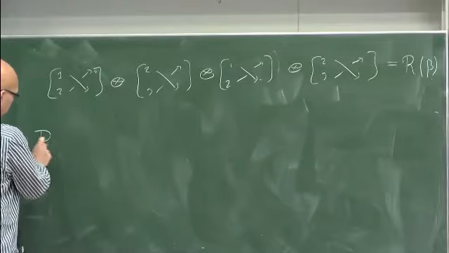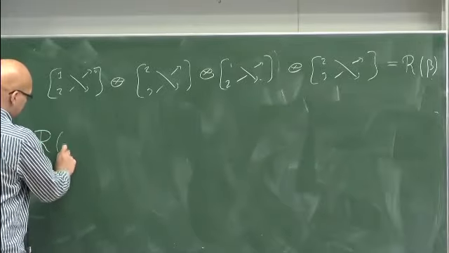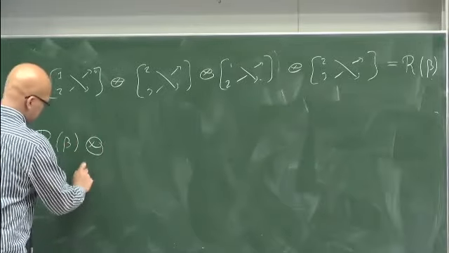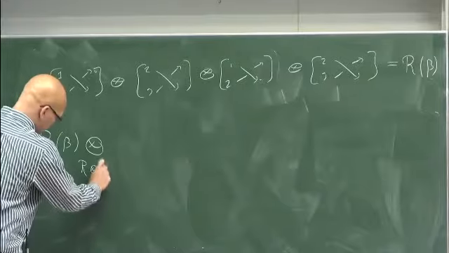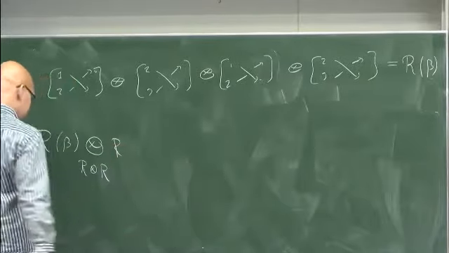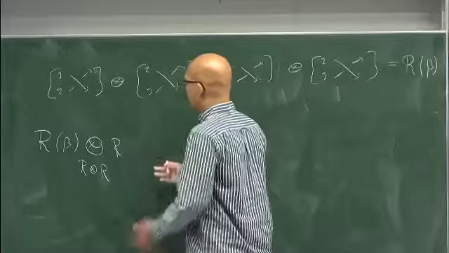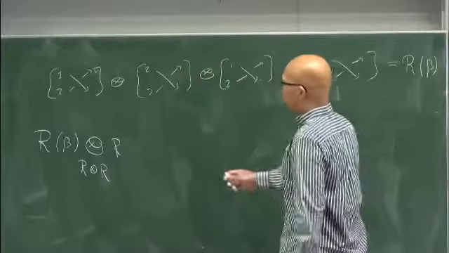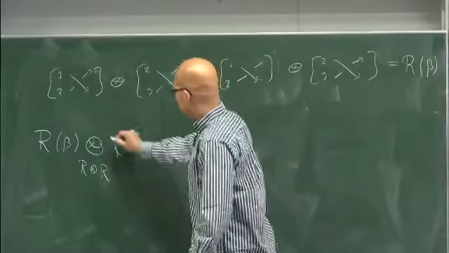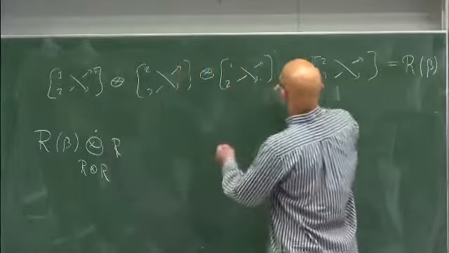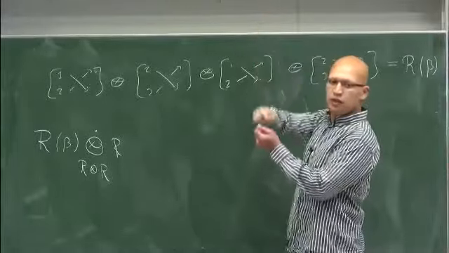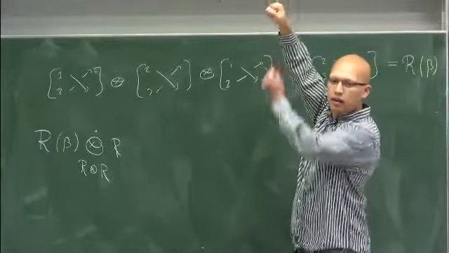So I take R beta tensor over R tensor R. And what is this? Well, this is the derived tensor or whatever. So each time I had a term in the complex before, now I have a bunch of different vector spaces.